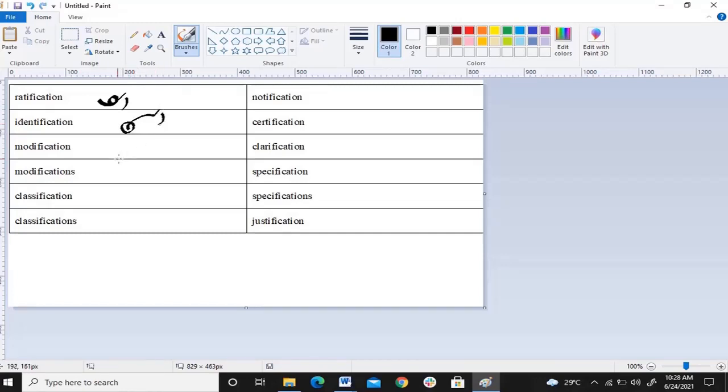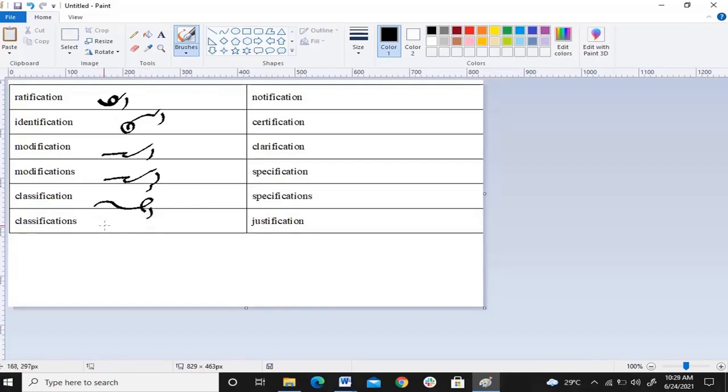Next, modification. So, we have mode, M-O-D, and then the fication. Next, we have modifications. So, we have mode, and then ification, and then S, ifications. Next, we have classification. So, we're going to write class, and then the fications.